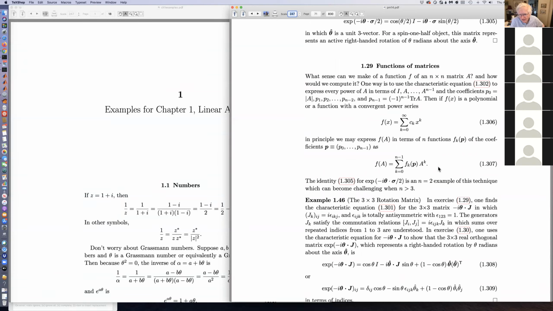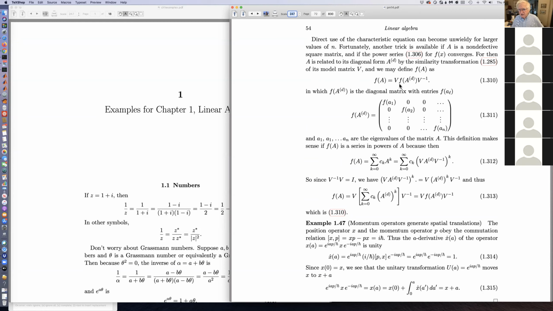On the other hand, if A is a non-defective square matrix, then you can diagonalize it, and you can define the function of the matrix A as the modal matrix times a matrix which has f of the first eigenvalue of the matrix A, and so on, times the inverse of the modal matrix.